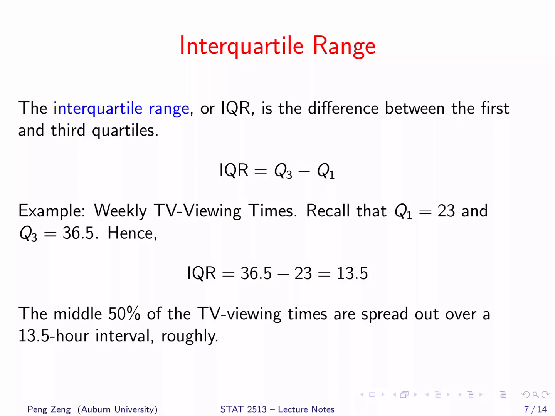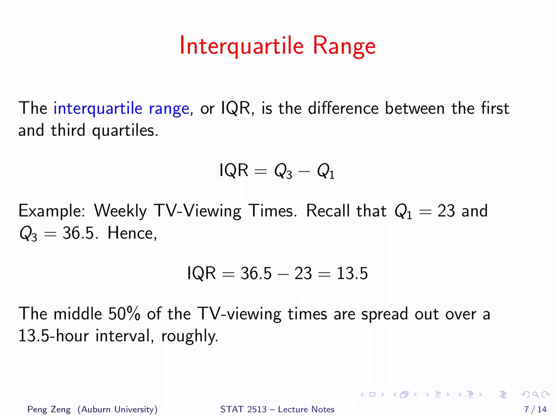Interquartile range is another measure of the variation of a dataset. It is defined to be the difference between the first quartile and the third quartile. We sometimes denote it by IQR. For example, for the data of weekly TV viewing times, we have already calculated that Q1 is 23 and Q3 is 36.5 hours.